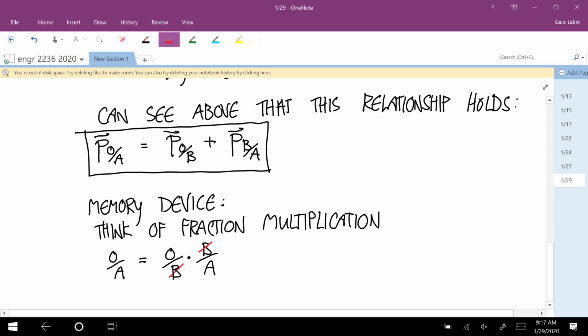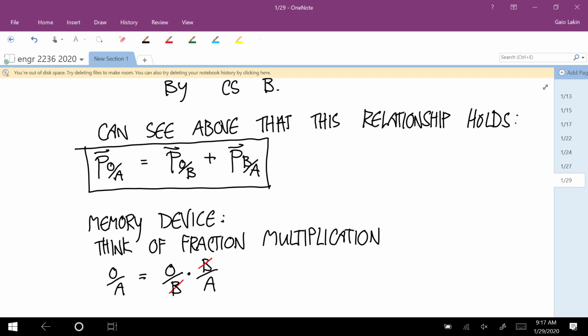So if you set up this relative motion equation in a way that the subscripts satisfy that fraction multiplication, then you have them in the right order. Okay. Well, if this was only true with positions, it would still be useful sometimes. But this is the position relative motion equation. So think of that as equation 1 out of 3 of these equations.